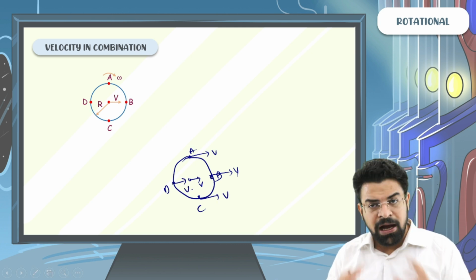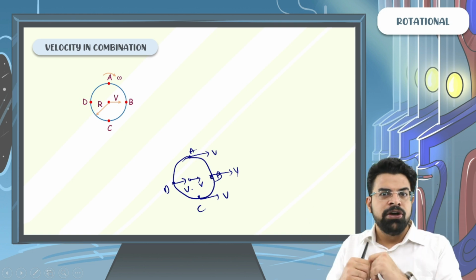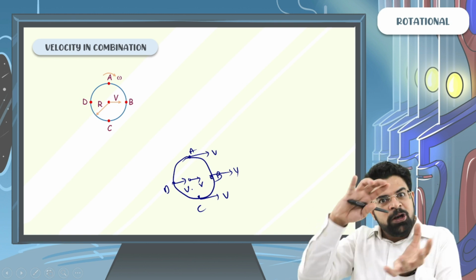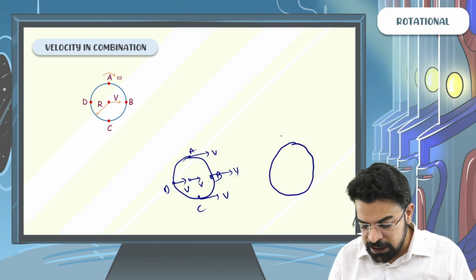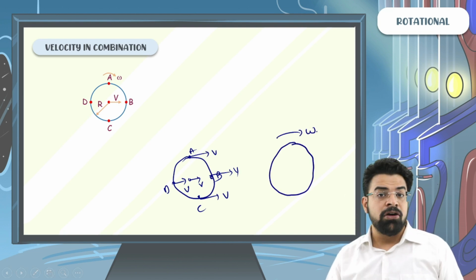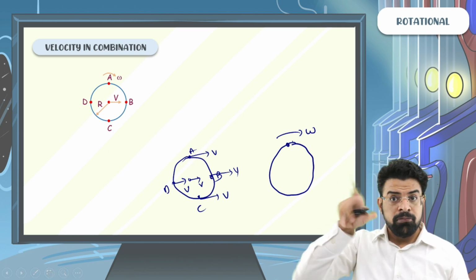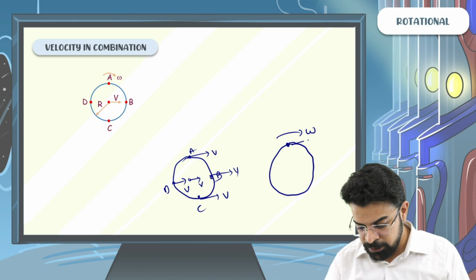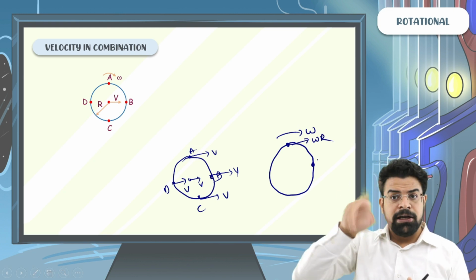Now beta, for another second, forget that this body has got any translational velocity. Visualize that this body does only pure rotational motion. So if this body has got no translational velocity and it performs pure rotational motion with an angular velocity omega, then the velocity of point A will be tangentially, right? How much? Omega r towards right. The velocity of point B will be again tangentially, where?